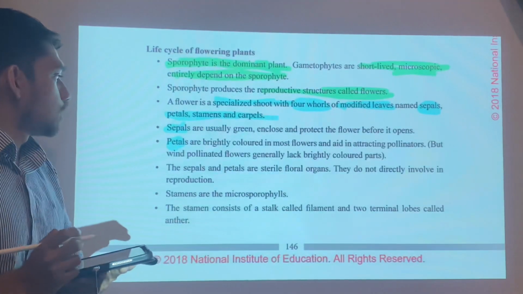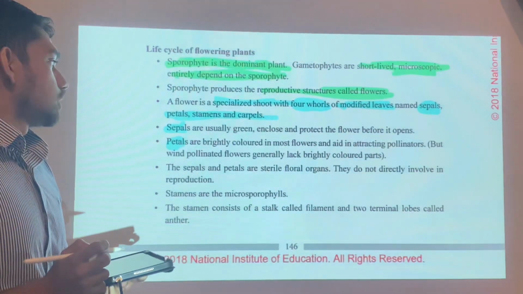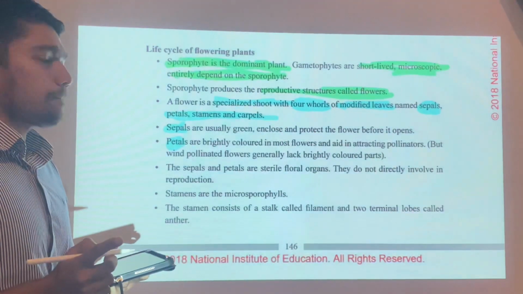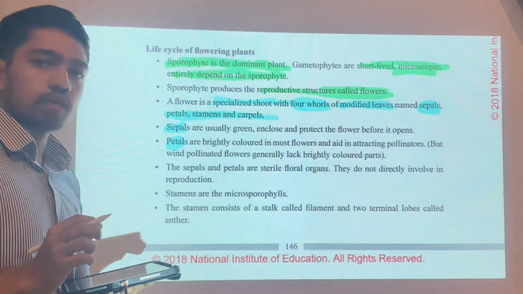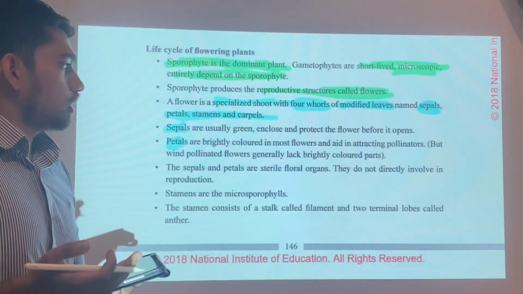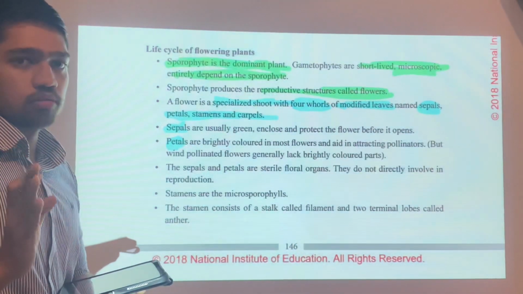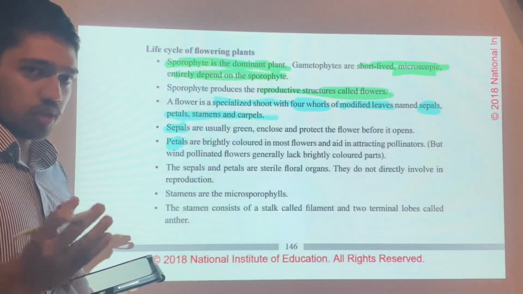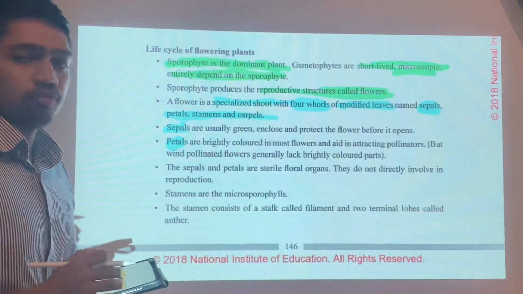Petals are usually brightly colored in most flowers, and if that flower is pollinated by animals, it will have bright colors. That is a visual attraction to attract pollinators.